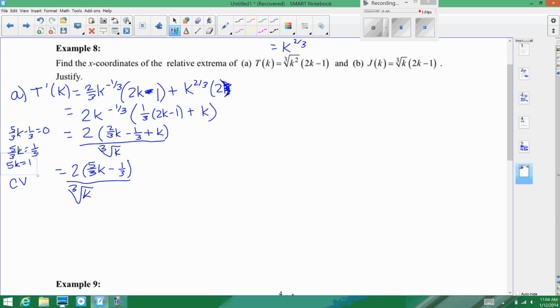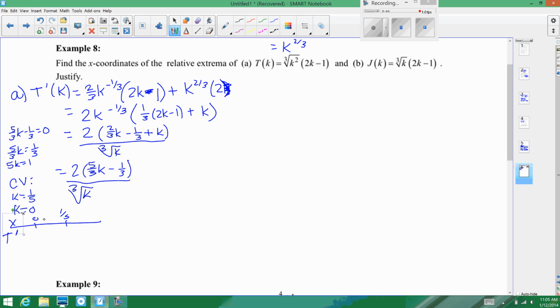So we have a critical value at k equals 1/5. Also, our derivative is going to be undefined when k is 0. So let's add these to our sign chart. So we have 0, we have 1/5. These are our x values, and this is t prime.